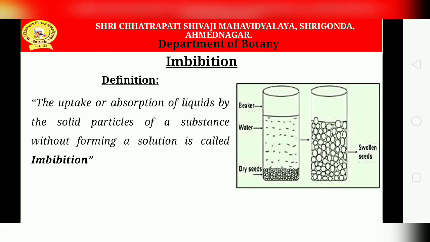Now the next part of this topic is imbibition. As we know, imbibition is a physical process available in plants, in each and every plant, or in some plants having this property.